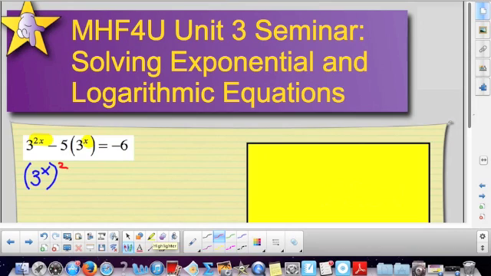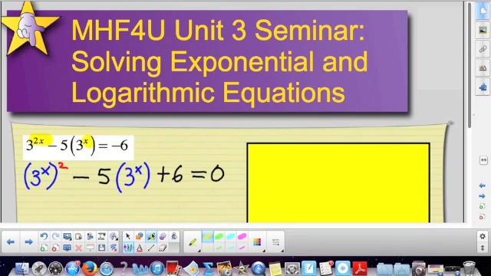So I'm going to keep that, slightly altering the way that I'm expressing it. Minus 5 times 3 to the power of x. Bring the negative 6 over to the other side, so I have positive 6 is equal to 0. Okay, that's the first thing I'm going to do.